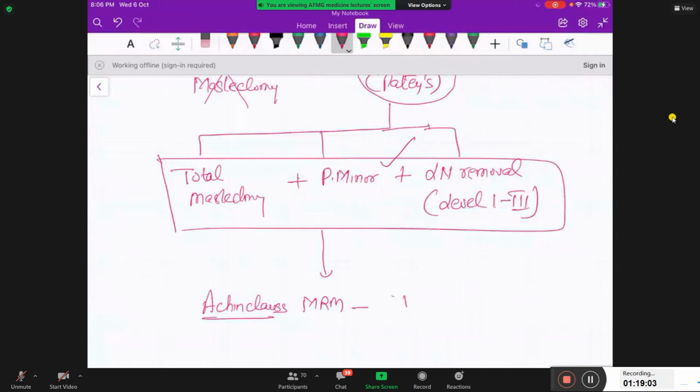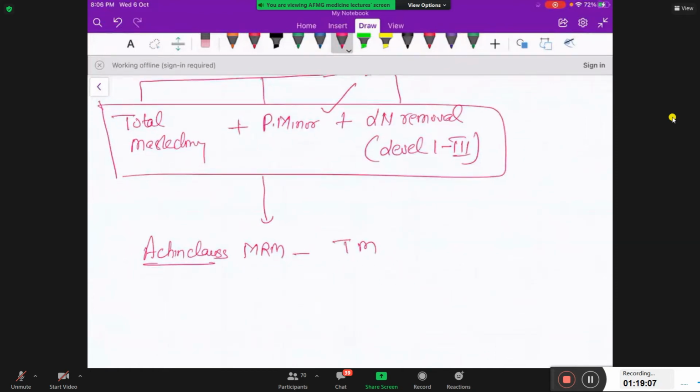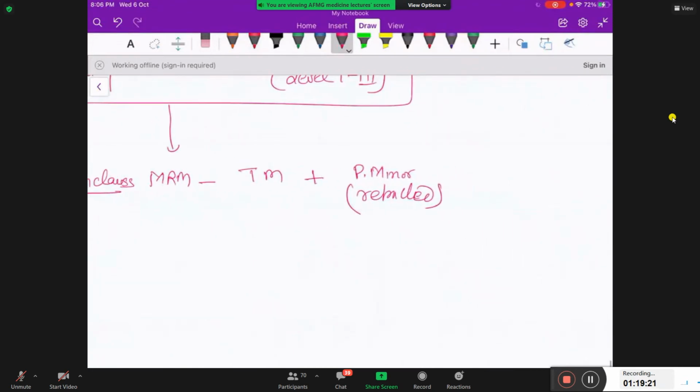So what is Auchincloss MRM? In this, we do total mastectomy as we were doing in Patey's also, but we are not removing the pectoralis minor muscle anymore. We are retracting the pectoralis minor muscle.